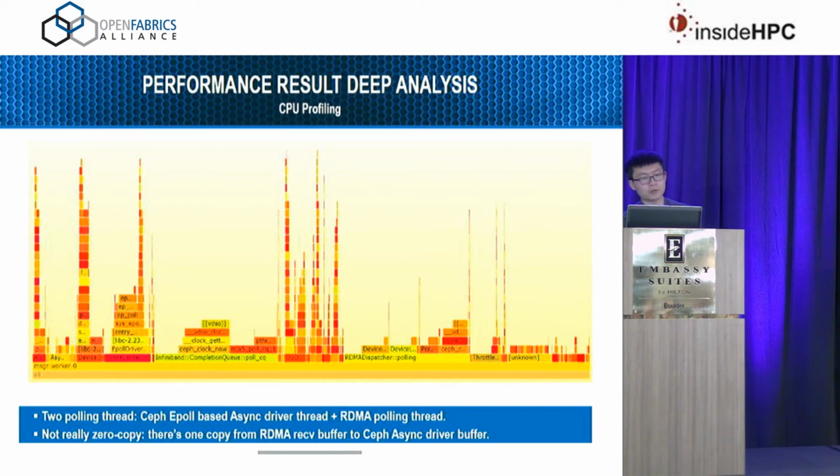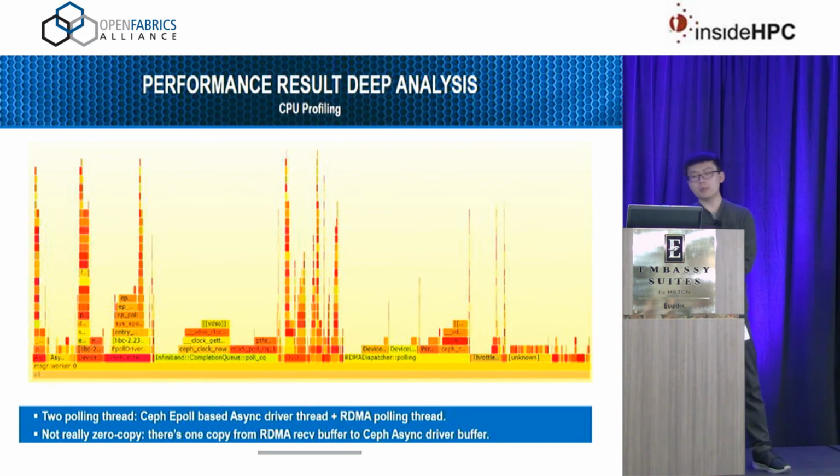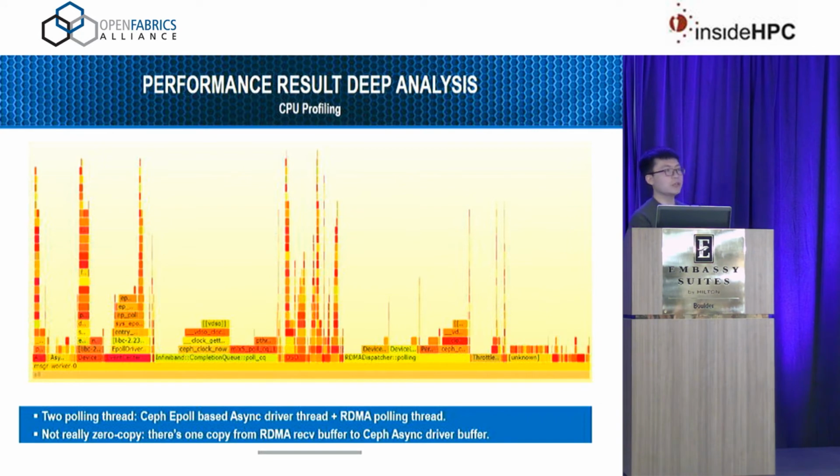The other polling thread is for the RDMA completion queue. So there are 2 polling threads here, which generates higher user-level CPU. The other reason is that it is actually not really zero copy in the current Ceph RDMA implementation, because there is 1 copy from the RDMA receive buffer to the Ceph async driver buffer.